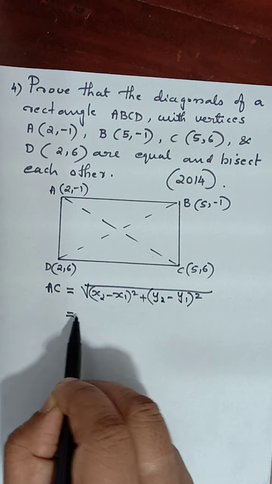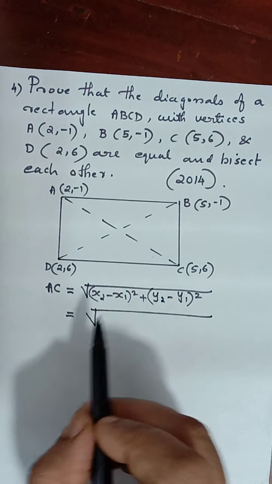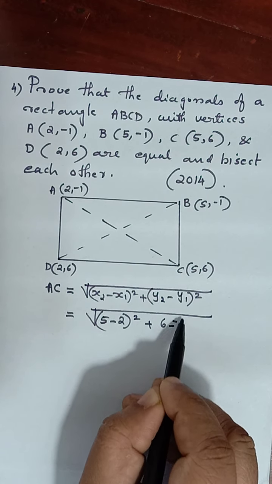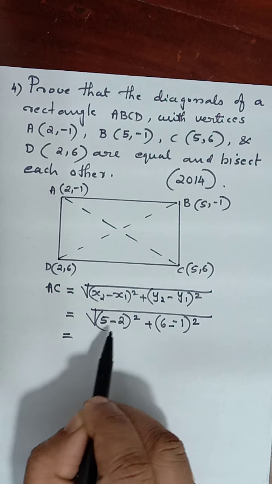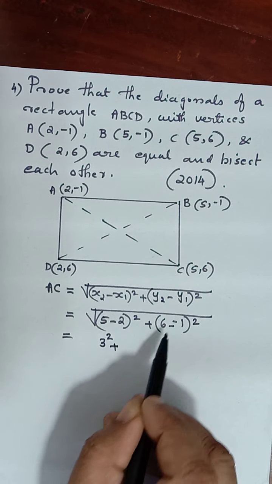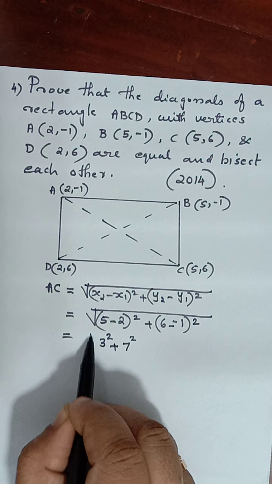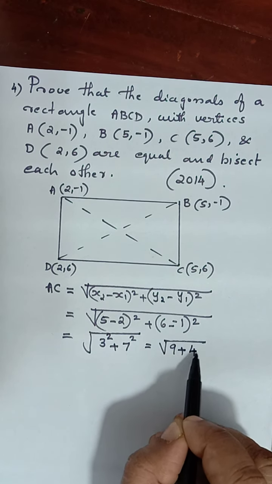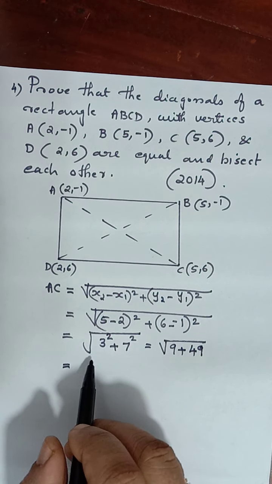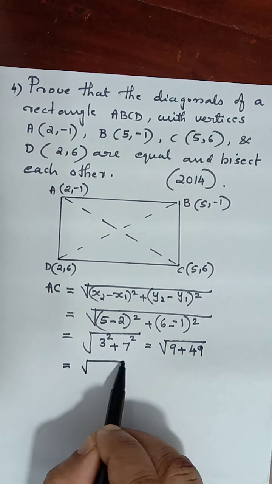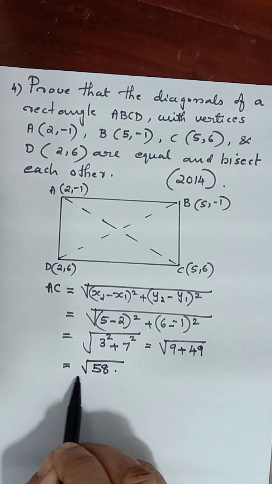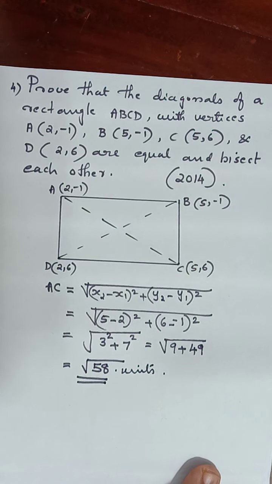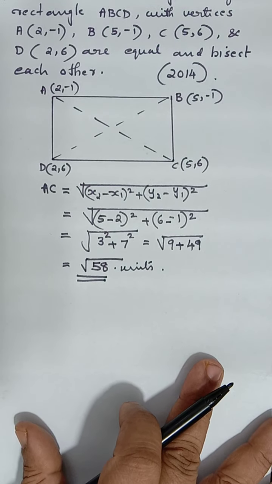So AC equals square root of (5 minus 2) whole square plus (6 minus of minus 1) whole square. 5 minus 2 is 3 square plus 6 plus 1 is 7 square, which is square root of 9 plus 49. That's equal to root 58 units, as it is length. AC we got. Now we have to find out BD.